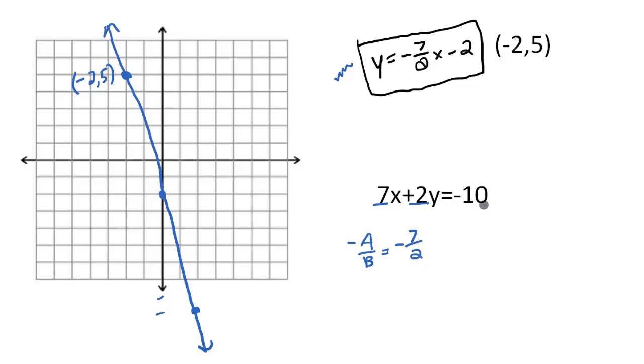Our y-intercept is c over b, where c is negative 10 and b is 2, so that's negative 10 over 2, which simplifies to negative 5. So if this is my y-intercept, I'll plot that. That's going to be down here at 1, 2, 3, 4, 5.